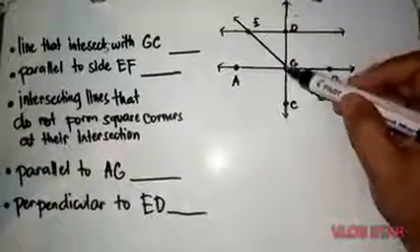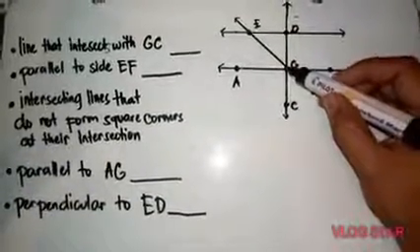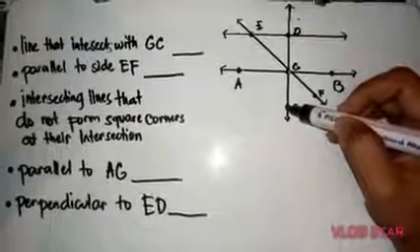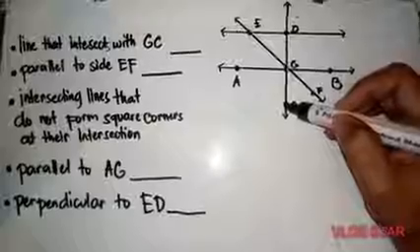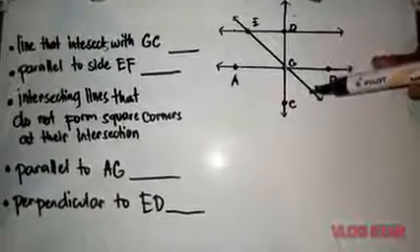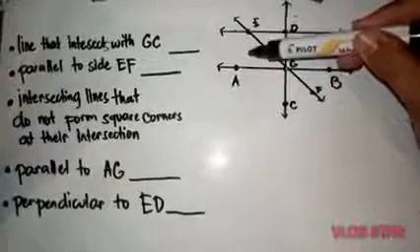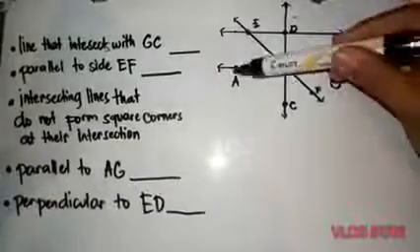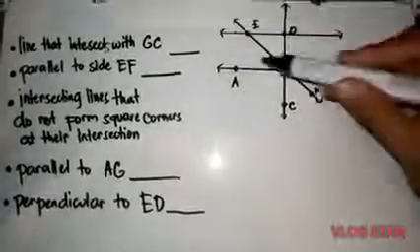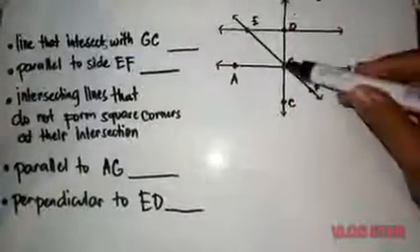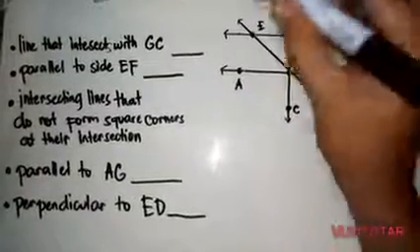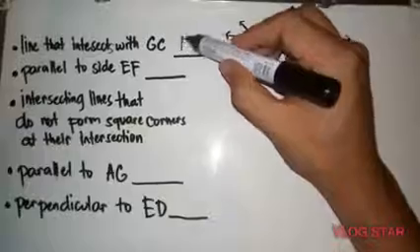As you can see, if this is line GC, the line that intersects with GC is line EF, or it can be line AB. Either of the two, line EF or line AB, because they intersect line GC. So I will just write line EF.